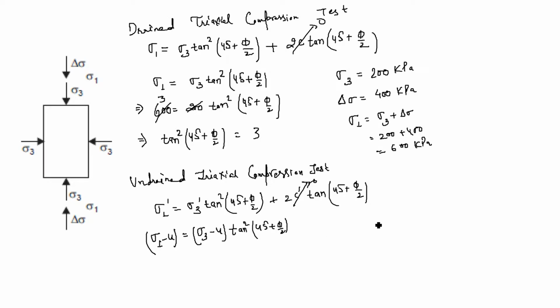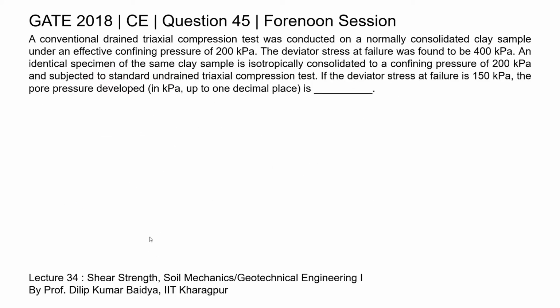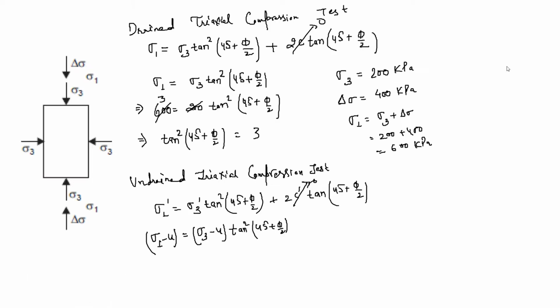Now in the second part of this question, the confining pressure sigma 3 is 200 kilopascal and deviator stress is given as 150 kilopascal.